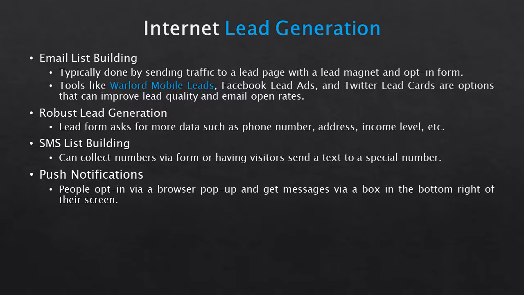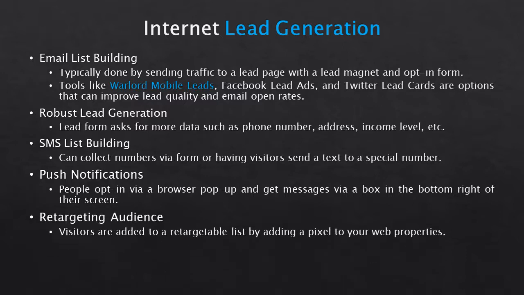After that, there's retargeting. Building a retargeting audience can be considered another form of list building and is relatively easy to do. Various platforms, including AdRoll, Facebook, Twitter, and many others, have a retargeting pixel that you can paste onto your web properties. Once this is done, all traffic to these pages will be cookied and added to your retargeting list.